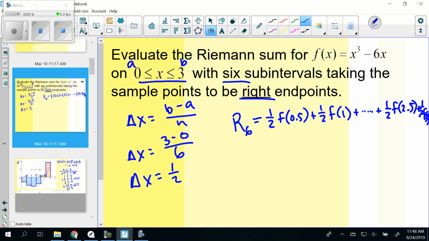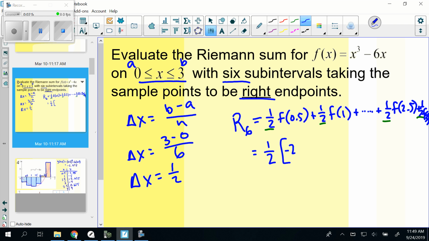Now you notice in this case, this won't always happen, but since we are splitting this equally, they all have a half in there. To speed this up, so we don't have to keep multiplying each one by half, we can factor it out and then just come up with those heights. So those heights, again, would be all those points we came up with.